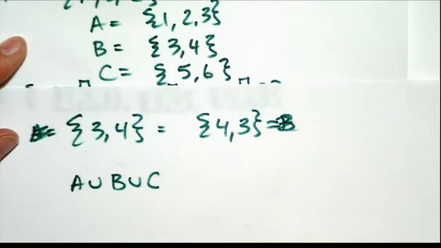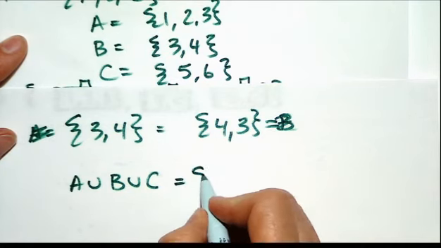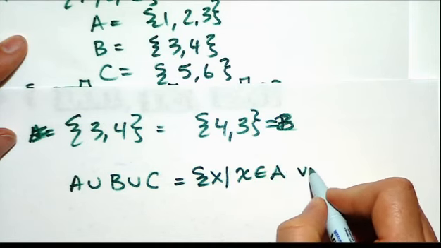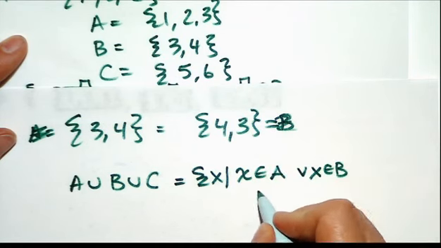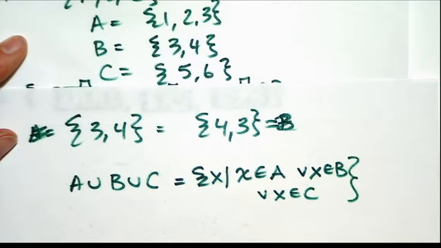So union is when I actually take sets and I put them together to make new ones. So this is a set containing X so that X is in A, or X is in B, or X is in C. And I bet you thought, oh no, I thought I was going to be able to get away from those logic operators.